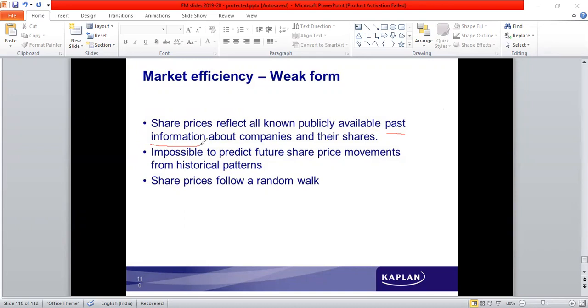It is only the past information which is available, but not the current information. Then it says that it is impossible to predict future share price movements from historical patterns. What happened in the past, how can we assume the same thing would happen in the present or in the future? It is not at all the appropriate way.